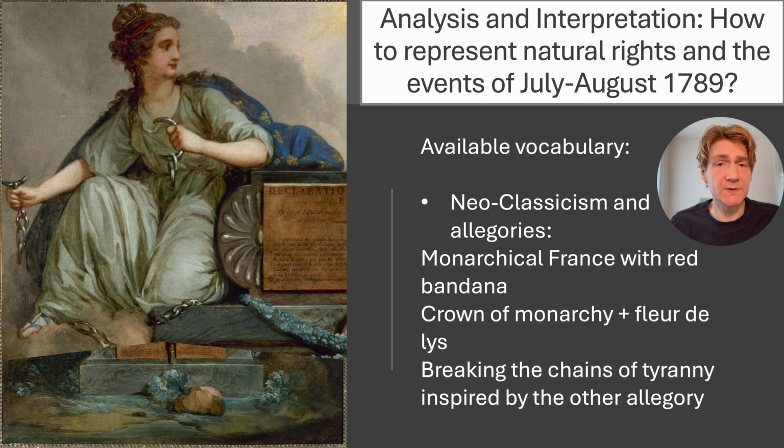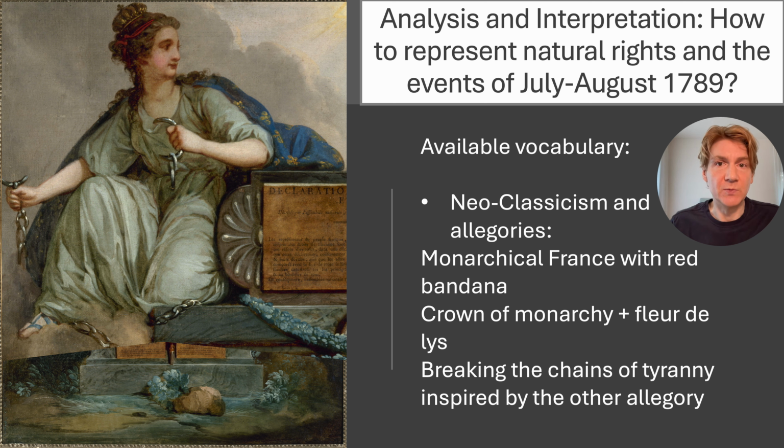We can notice, however, that she's wearing a red bandana, which is a subtle reference to the political events that led to the declaration. Red is the color of Paris, which is where the revolution started with the storming of the Bastille on 14 July 1789, which became a symbol of liberty afterwards.